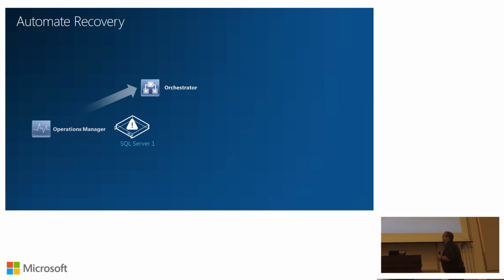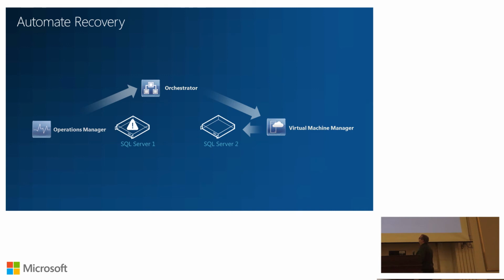So Operations Manager detects that the SQL server fails. Orchestrator creates the Service Manager incident request as before. We have auto-remediation. Orchestrator talks to Virtual Machine Manager. We automatically bring back a new SQL server. We have a backup, and we bring back the latest backup from this.